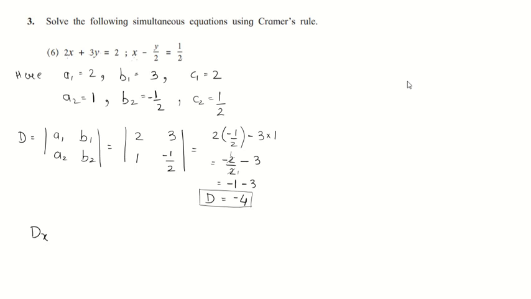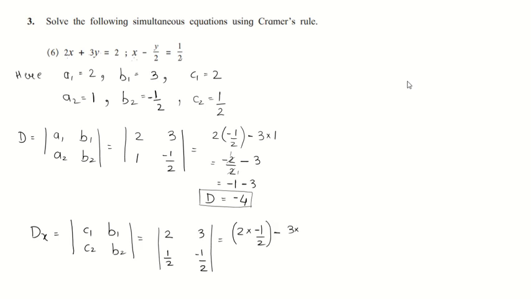Find dx is equal to the determinant with c1 is 2, c2 is 1 upon 2, b1 is 3, b2 is minus 1 upon 2. Solving this, 2 into minus 1 upon 2 minus 3 into 1 upon 2.